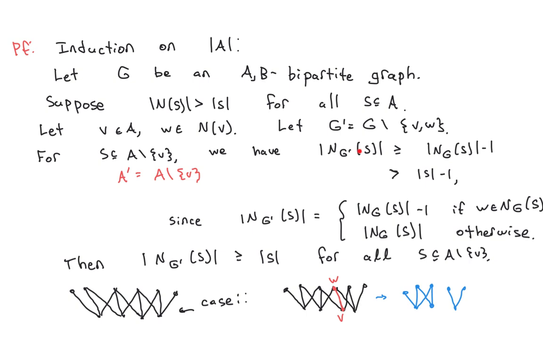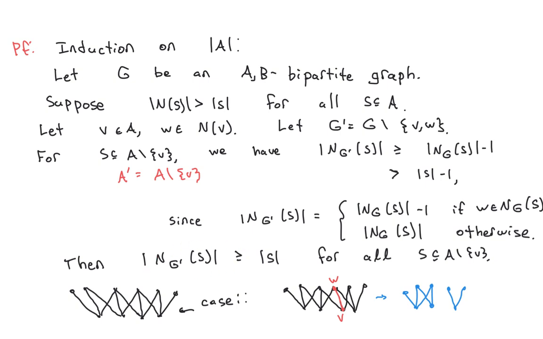So either we're going to get equality between the size of these two sets, or the original neighborhood might have been one bigger, which means that the neighborhood of S in G prime is at least as big as the neighborhood of S in G minus 1. So just ignore W. But because of this condition, we know this is strictly bigger than the size of S minus 1. And thus, we know that the size of the neighborhood of S in G prime is at least the size of S, which is the conclusion we wanted.